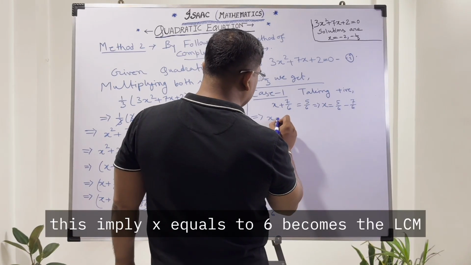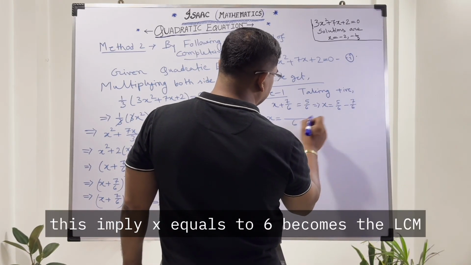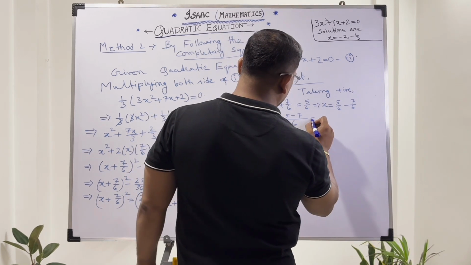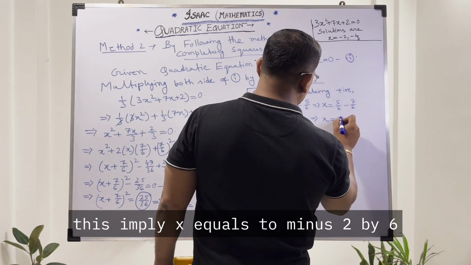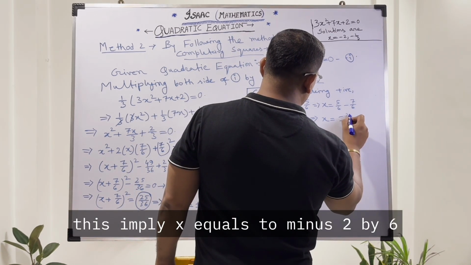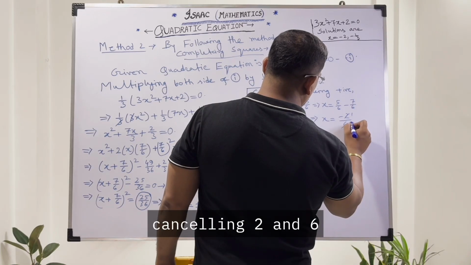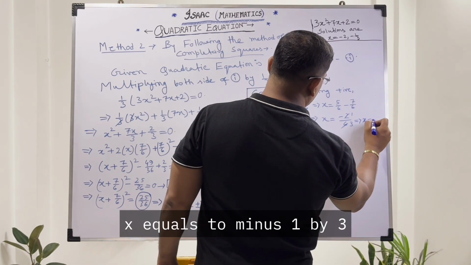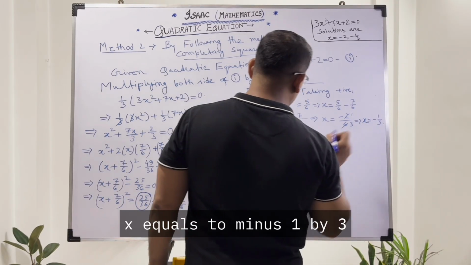This implies x equals, 6 becomes the LCM and in the numerator 5 minus 7. This implies x equals minus 2/6. Cancelling 2 and 6, we get x equals minus 1/3.